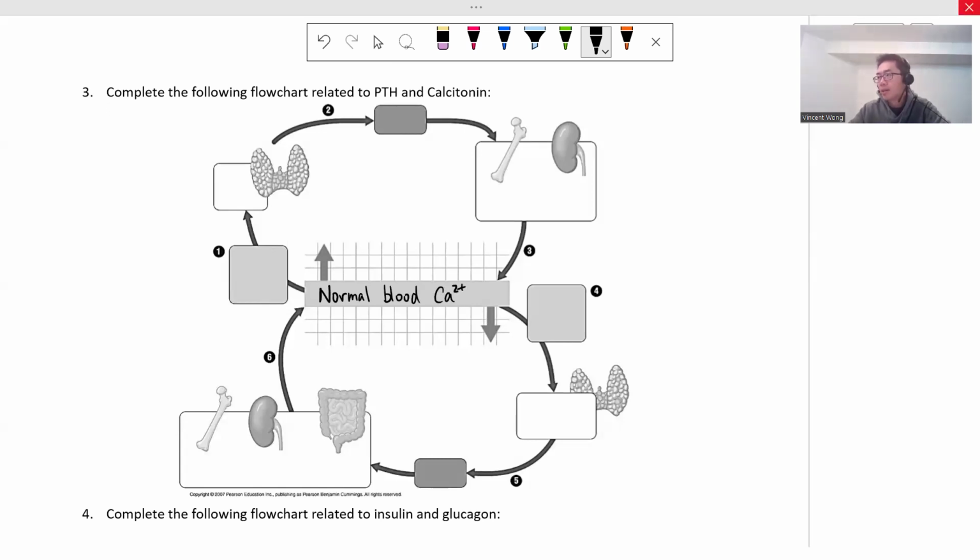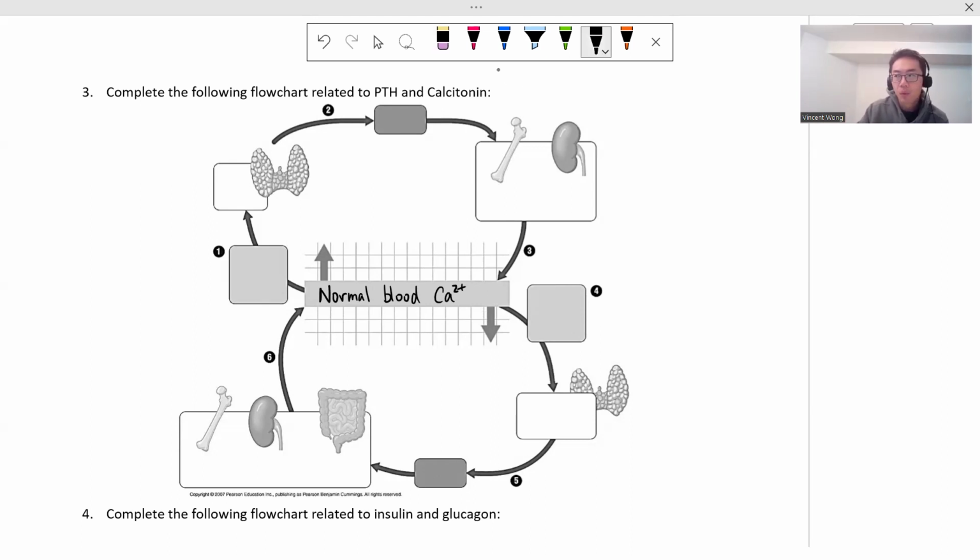And remember, we need calcium for various things, right? For the contraction of the muscle. Remember our discussion with the actin and the myosin and the troponin, tropomyosin, all that stuff? It involves calcium. So we don't want it to be too high or too low.